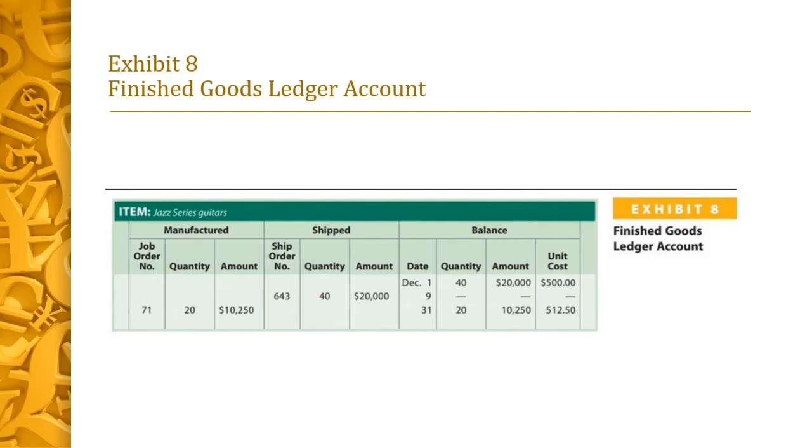Here, Exhibit 8 indicates that there were 40 Jazz Series guitars on hand on December 1, 2016. During the month, 20 additional Jazz guitars were completed and transferred to finished goods from the completion of Job 71. In addition, the beginning inventory of 40 Jazz guitars was sold during the month.